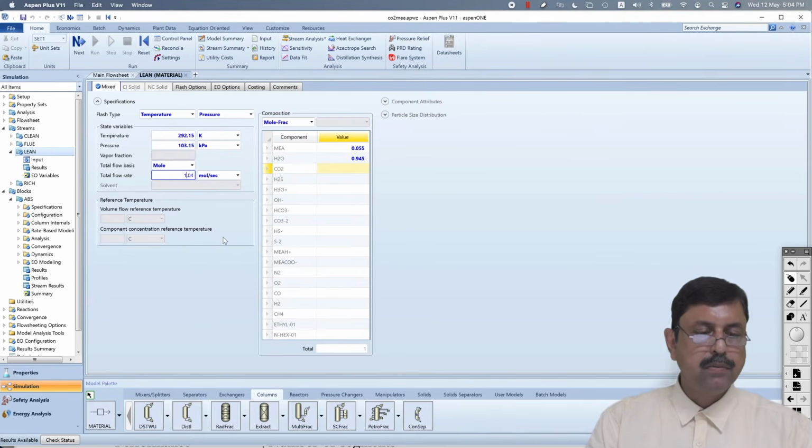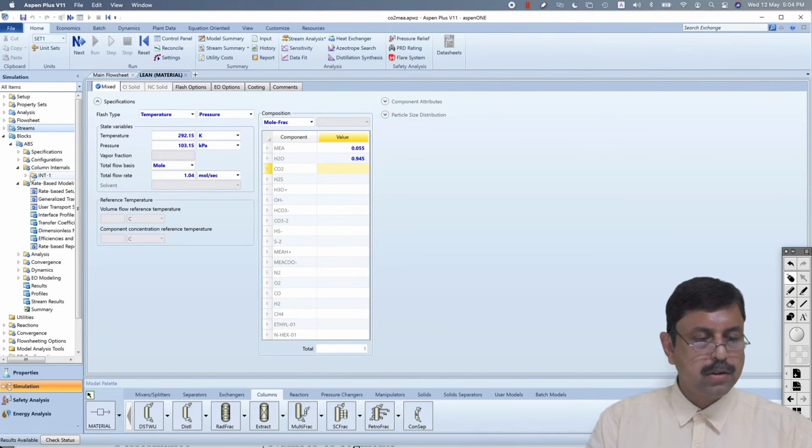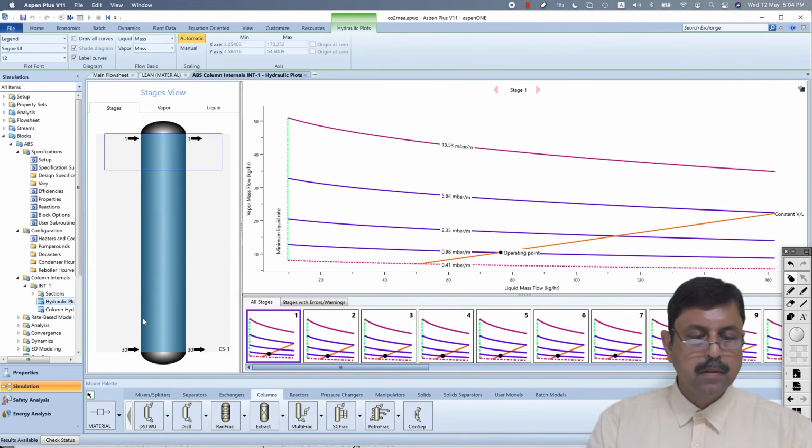Then try with 1.04, the original figure. Okay, this time it has converged. Column hydraulics may not support our run, okay. To some extent it is running.